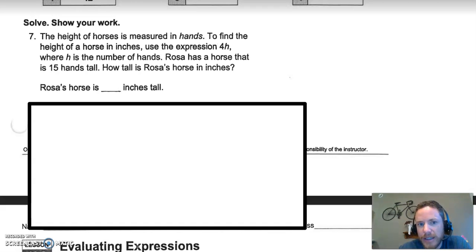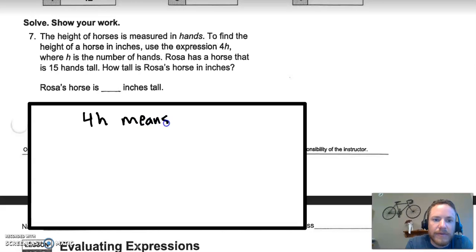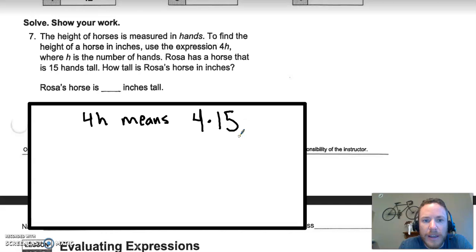So the key math problem here is 4h. And we have to remember what 4h means. What 4h means is 4 times h. And h is given to us later in the problem because h stands for number of hands, and it says right here that Rosa has a horse that is 15 hands tall.